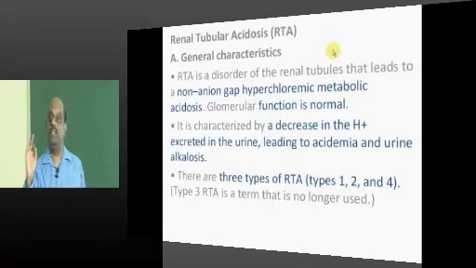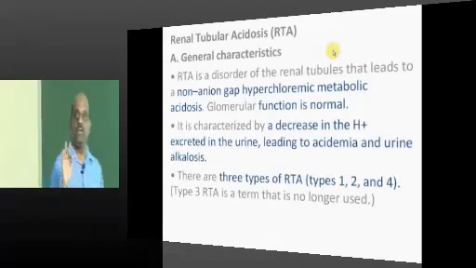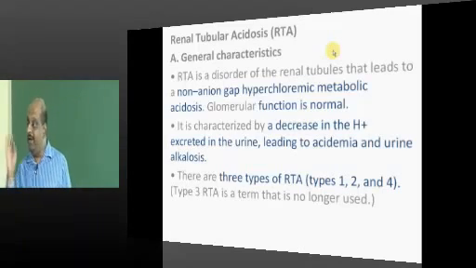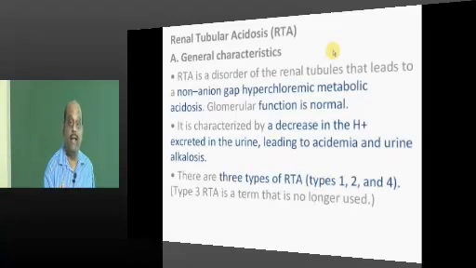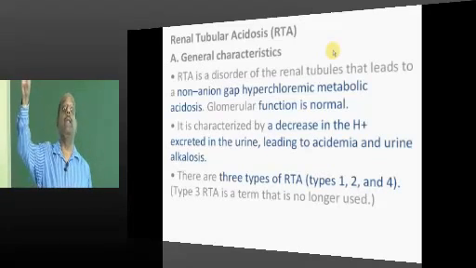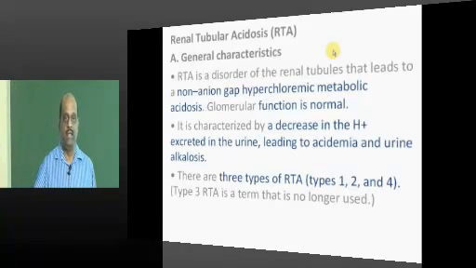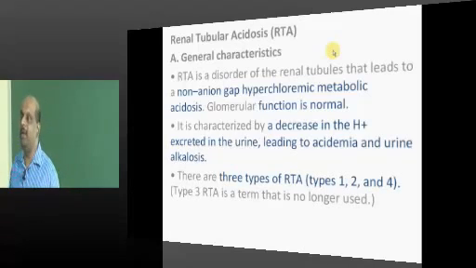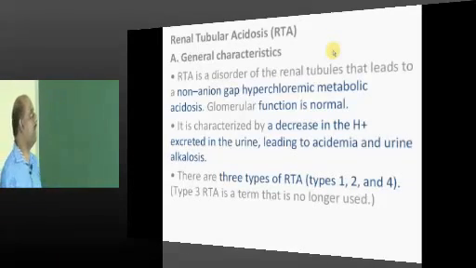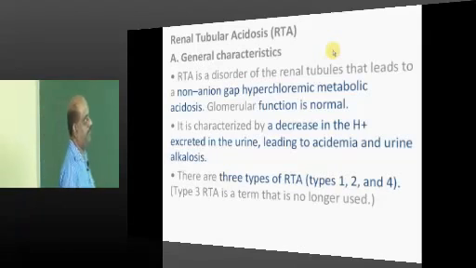Any acidosis which leads to not only depletion of bicarbonate but concomitantly a rise of chloride, such an acidosis is called normal anion gap hyperchloremic acidosis, is what you need to remember. That is what happens in renal tubular acidosis, is what you have to ultimately remember.